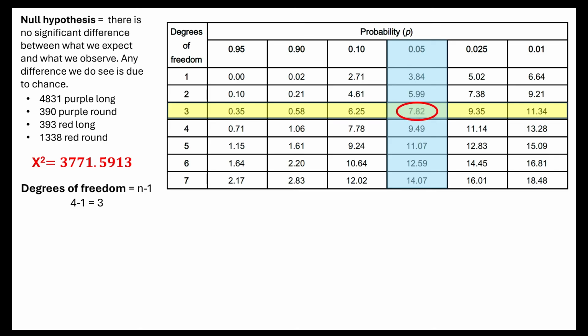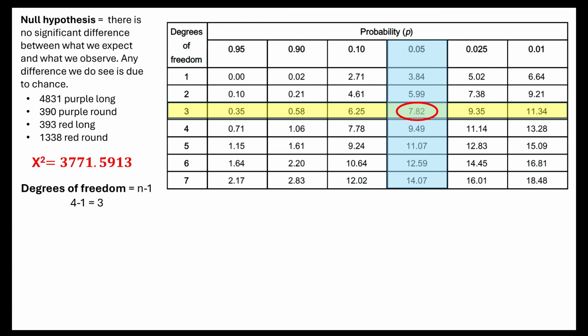So if we read the value, we can see that our critical value here is 7.82. I'm just reading that straight off the table. So I go to where my degrees of freedom lies, I go to the 0.05 probability, and where they meet is the number that I need to use.